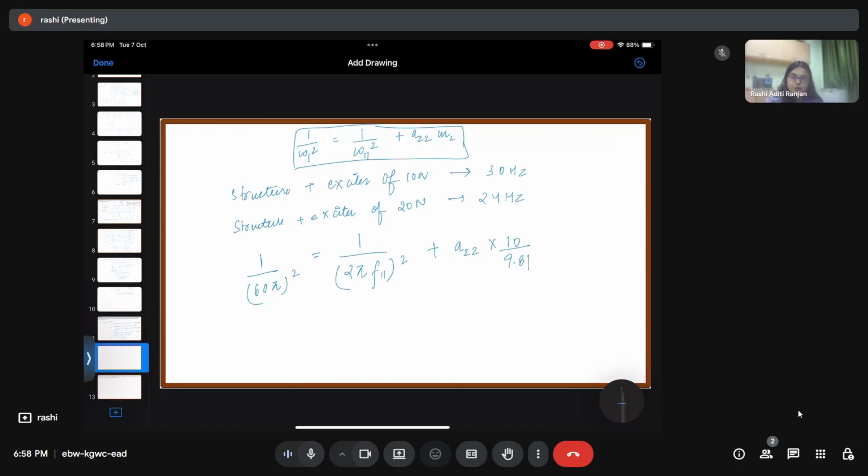This is the first equation. The second equation is 24 into 2, which is 48 pi, whole square is equal to 1 by 2 pi f11 whole square plus A22 into 20 by 9.81.